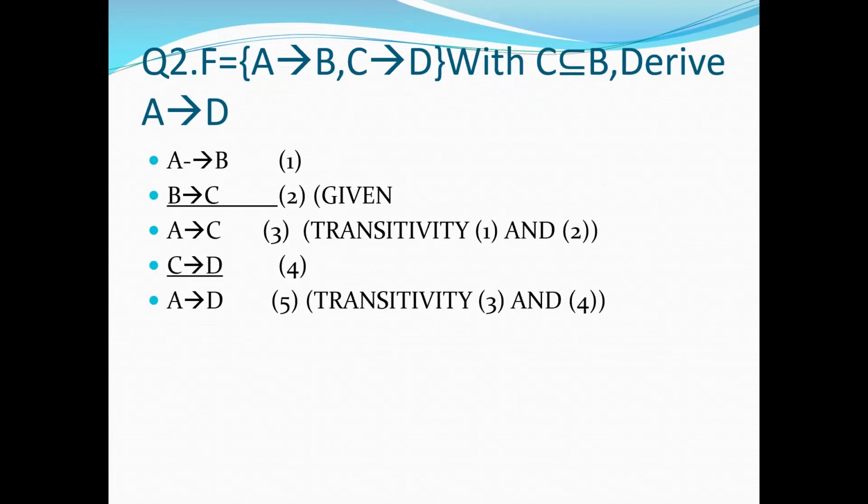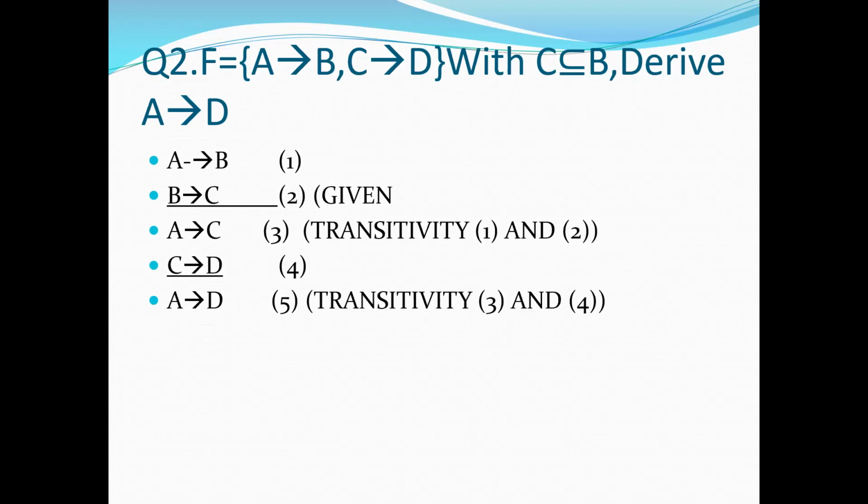Since C is a subset of B, B can derive C, or B can functionally determine C. That is what the reflexivity rule says.